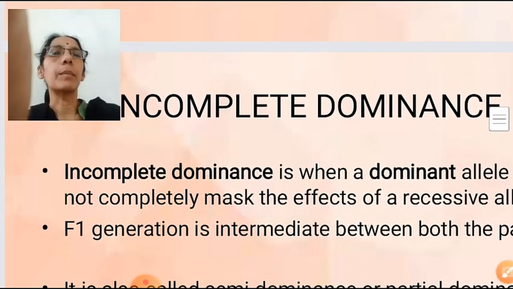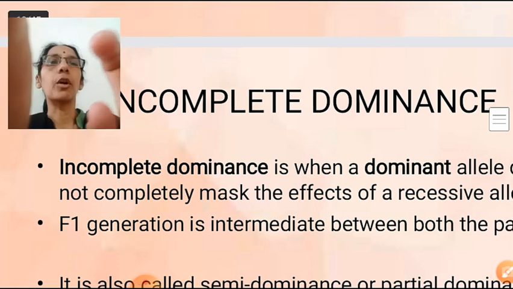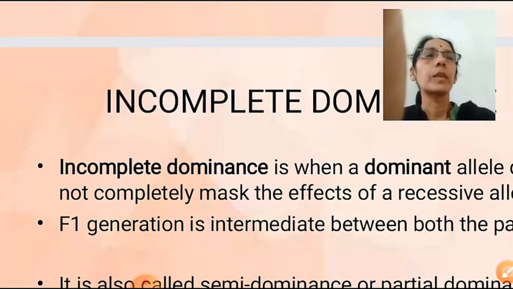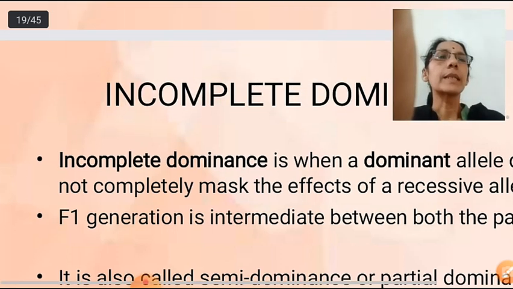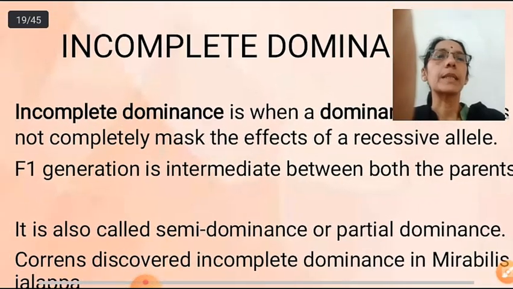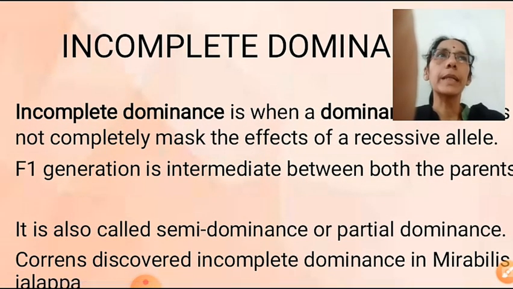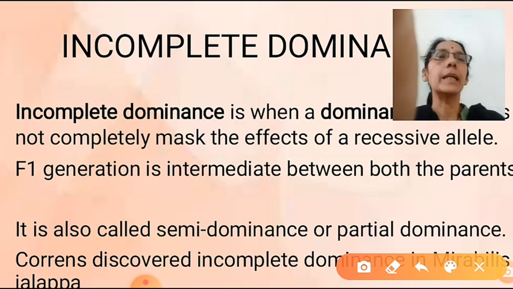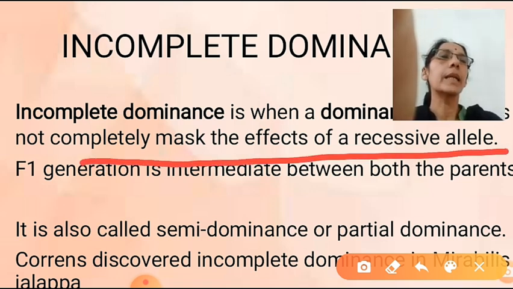Next one is about incomplete dominance. So complete dominance means in complete dominance the F1 always resembles one of the parents, right? In incomplete dominance, the dominant allele is not completely masking the effect of the recessive allele.